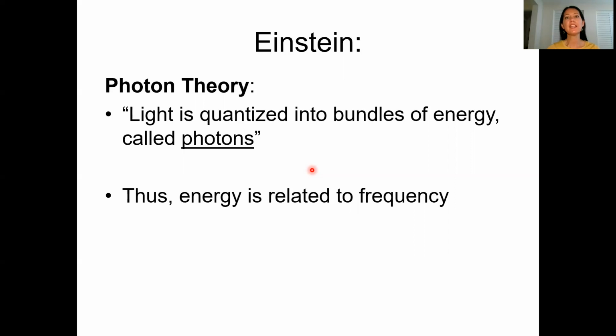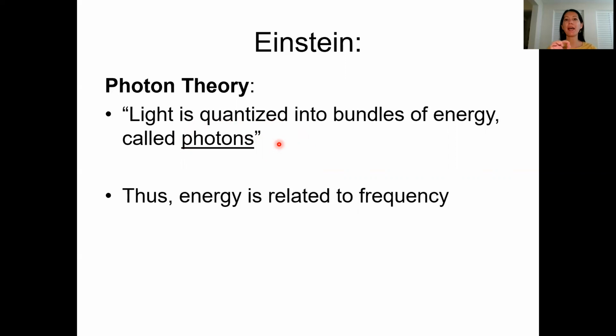So basically, he said light isn't this continuous diffuse thing with just this broad spectrum of light, broad spectrum of energy, but basically it had a specific energy. That's why certain lights that are shined on those metals, not all of them can eject the electron. So he called these photons. And another way to think about it is maybe light isn't just a wave.